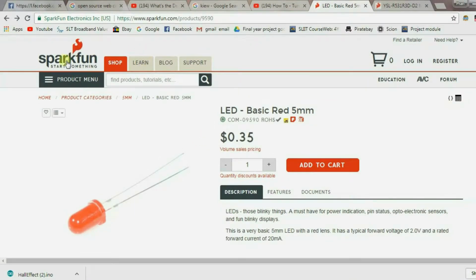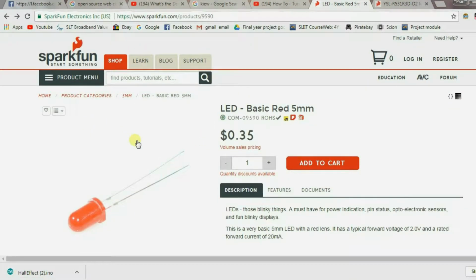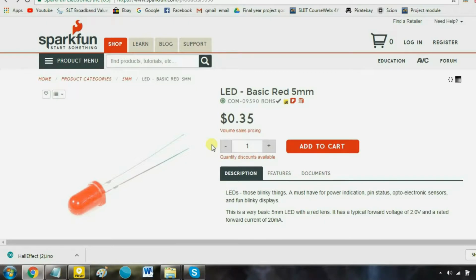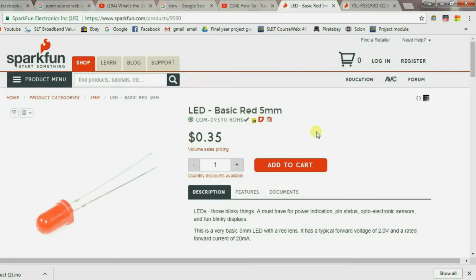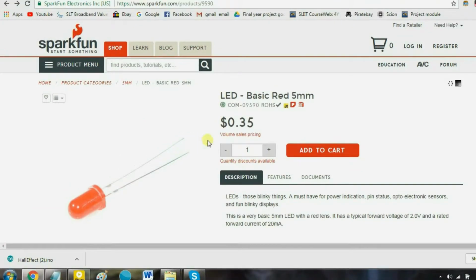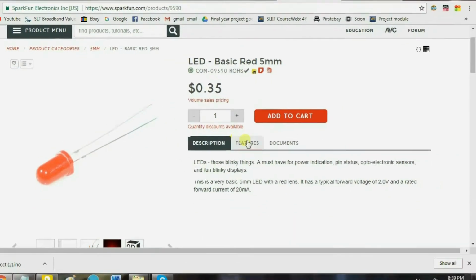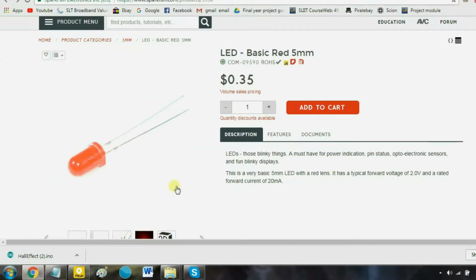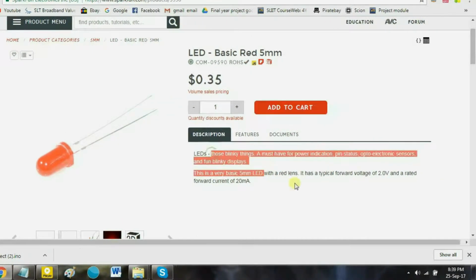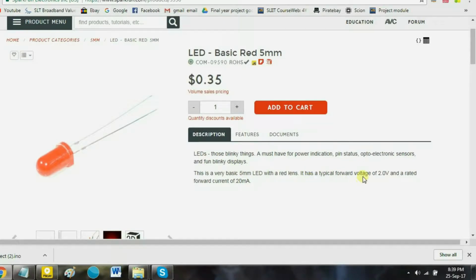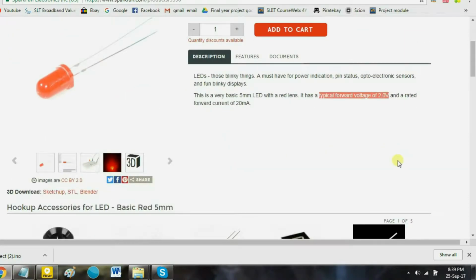This page is from Sparkfun, where they have advertised their basic 5mm red LED, and I'll provide a link to this in the description. They have provided a small description about what an LED is, and they say that the typical forward voltage is 2 volts and the rated forward current is 20 milliamperes.